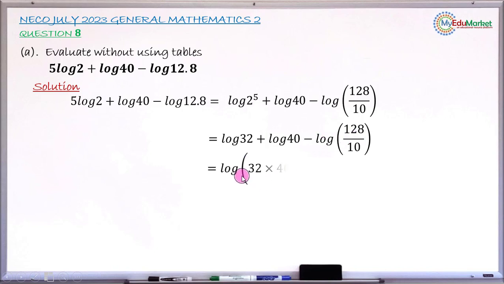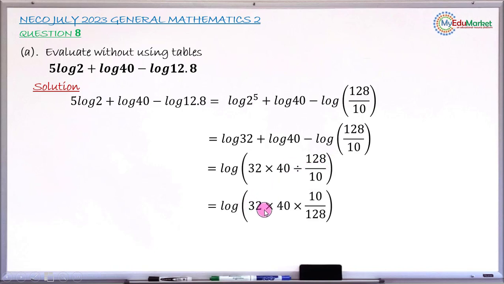So if I take log outside, I'm going to have log open bracket 32 times 40, because I'm adding their logs, and subtract another log of 128 over 10. So I'll divide by that 128 over 10. You now change this division to multiplication. That gives the result 32 times 40 times the reciprocal of 128 over 10, which gives you 10 over 128.